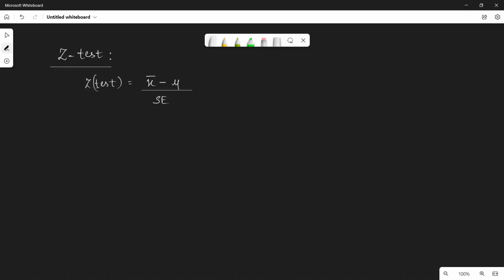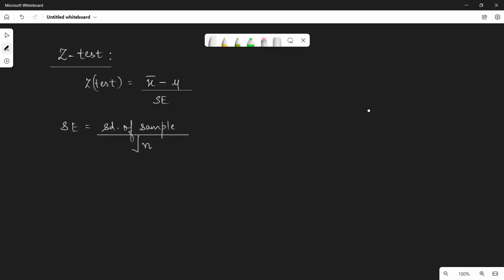How do we calculate standard error? Standard error is given as standard deviation of the sample that you are using in the question, whole divided by under root of sample size, which is small n.